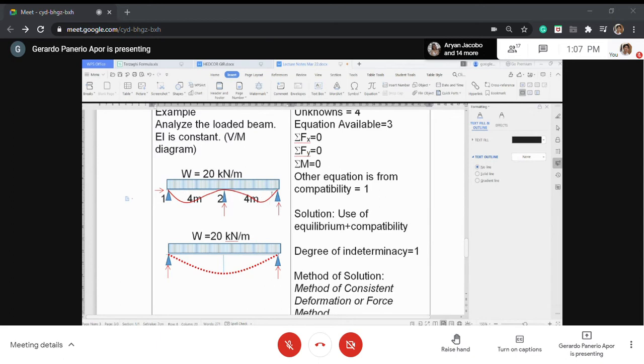I will call this point 3. Point 1 is the same, point 2 is the same, but the support at point 3 is different.